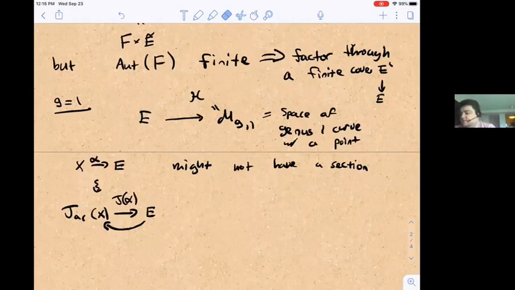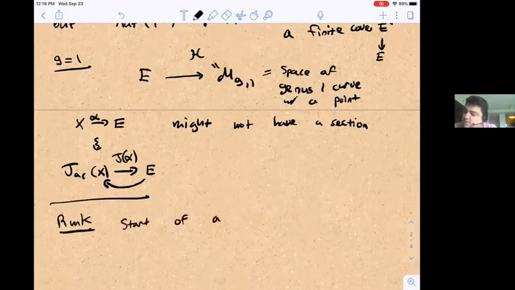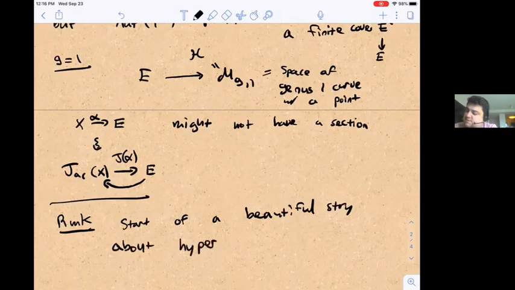And I want to point out the reason that I wanted to use this particular idea instead of the more classical proof is I think this is the start of a really nice story about hyperbolicity of these moduli spaces.